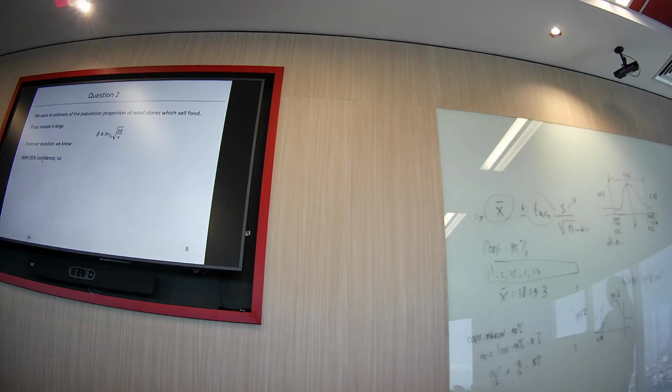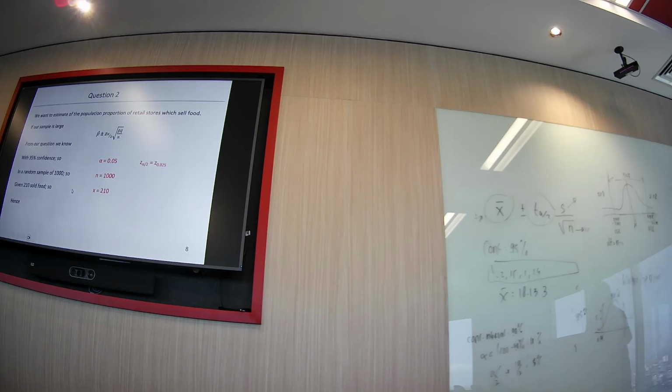First, we know it's a 95% confidence interval, so no problem with this. The 1,000 samples becomes n, and given 210 stores sell food, x is 210. But x is only the count, and the question is asking about the proportion.